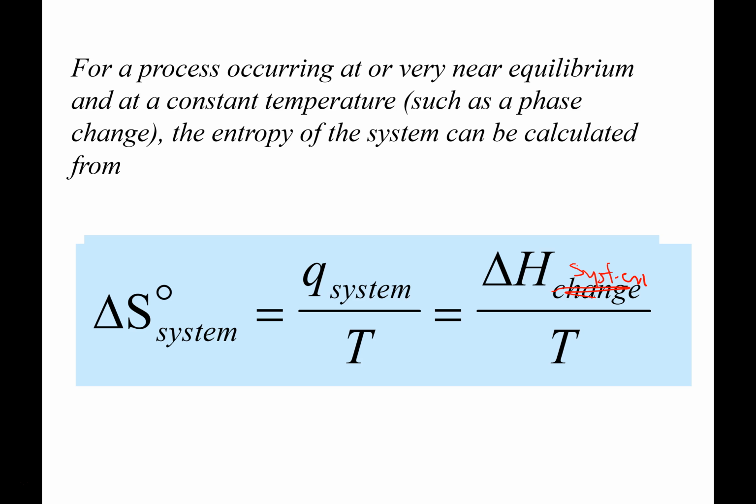All of the above, yeah. The change in entropy of our system is equal to Q, which is mc sub p delta T. Q is the change in thermal energy over temperature, and if it's happening at constant pressure, then it's also the change in enthalpy over temperature. It means the same thing.